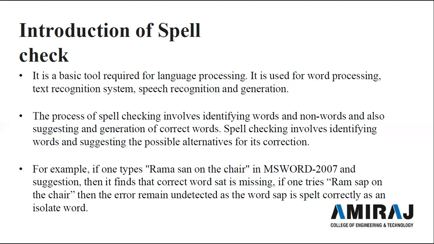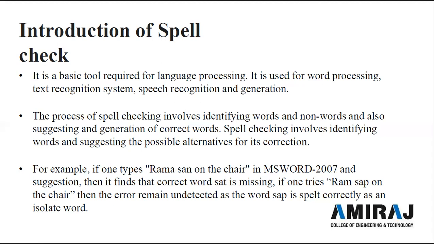We can also add some words into the dictionary as well. So it will give suggestions on the basis of the dictionary, in which all the words have already been stored, right? So spell checking is not just about identifying wrong words, but it also includes the suggestion of the correct, alternative one.